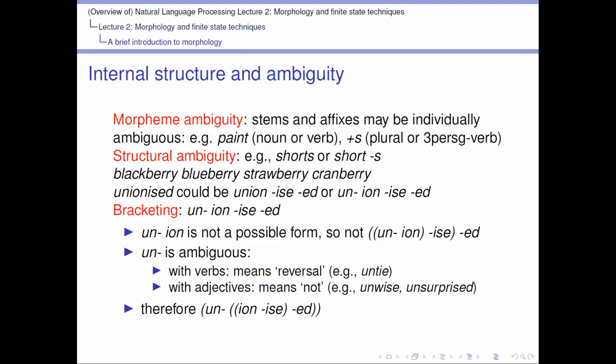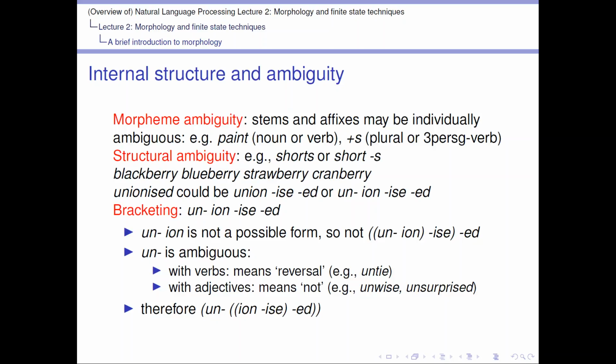Right, so we've thought about a bit how morphological structure can go on across languages and what goes on in English. Now, unfortunately, like everything in natural language, there is a lot of ambiguity in the way we can break the words up. So there's some structural ambiguity with the stems and affixes.